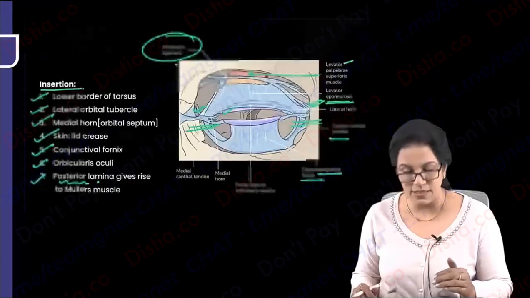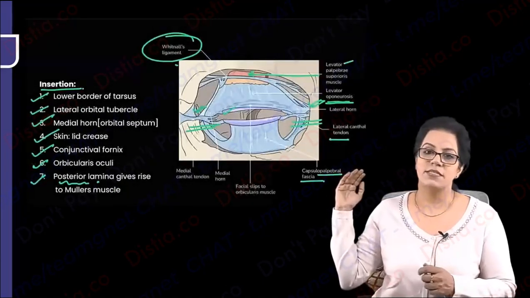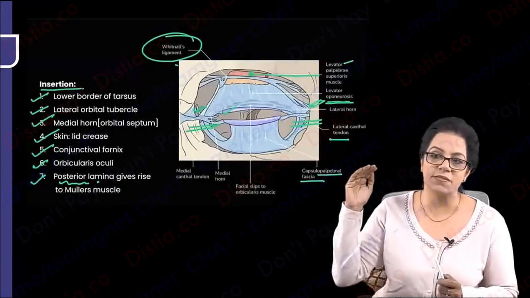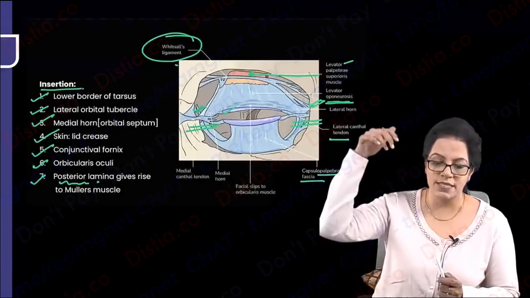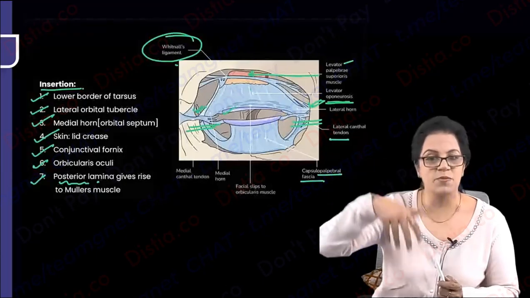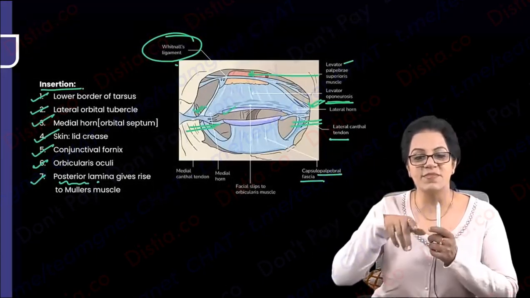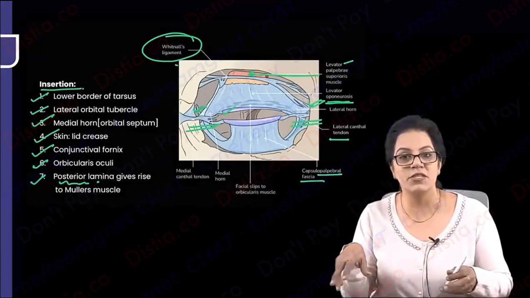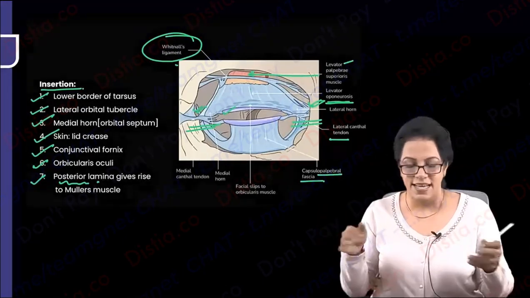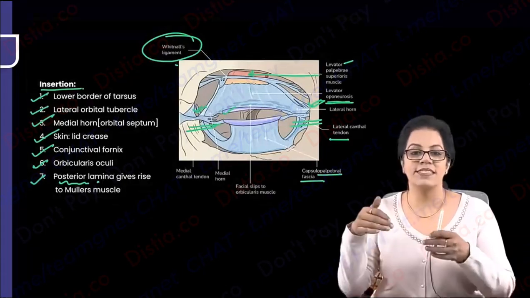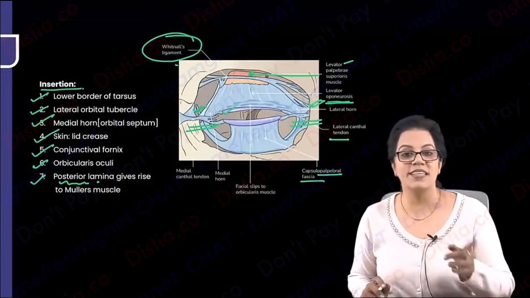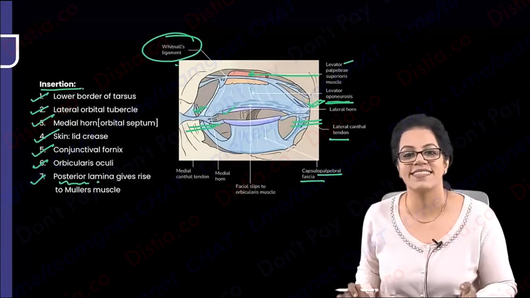So this is again very quick information. It is starting from the orbital apex, moving horizontally to Whitnall's ligament, where it becomes an aponeurosis and becomes vertical. Then vertically it is attached to the different insertions: lateral, medial, lower border of tarsus, skin, orbicularis oculi and conjunctival fornix.